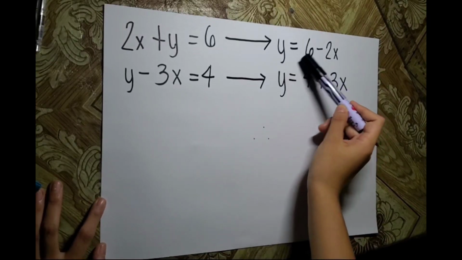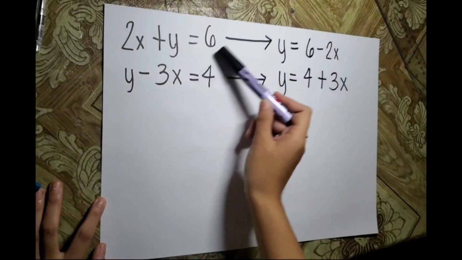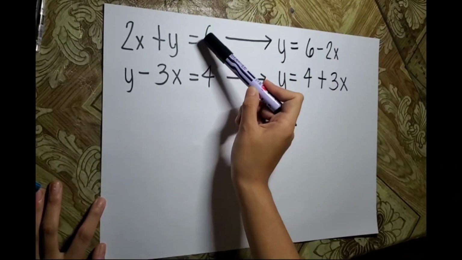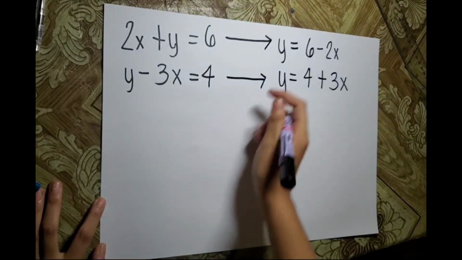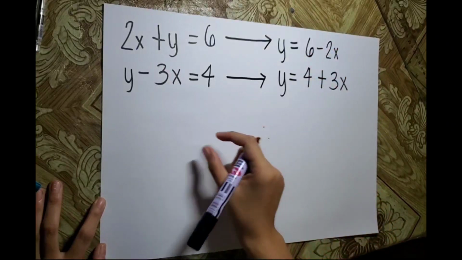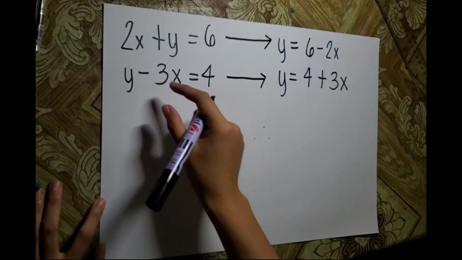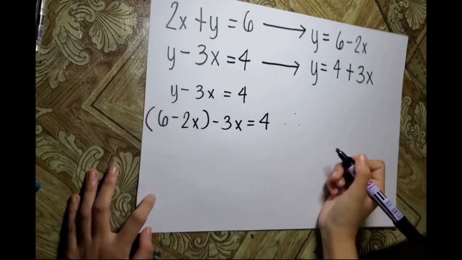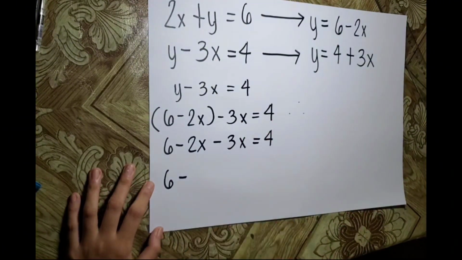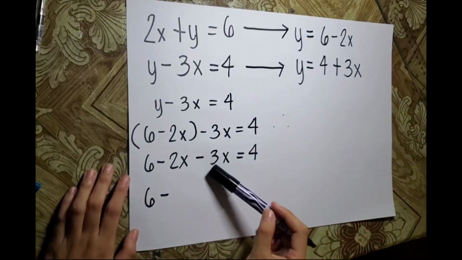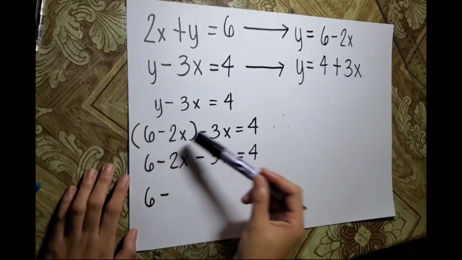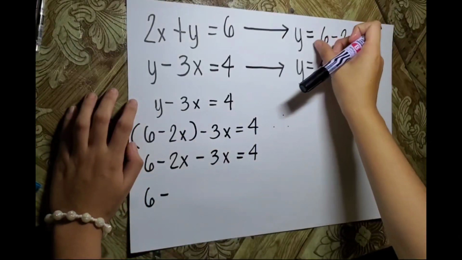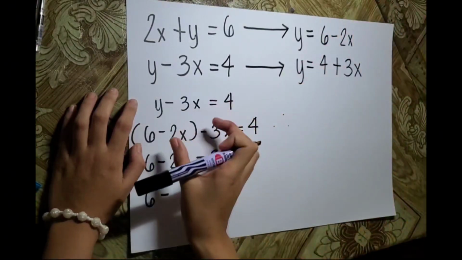This is the y equals mx plus b form of the first equation. Then let us substitute this into the second equation, which is y minus 3x equals 4. This is now what we get after substituting this value into the second equation.